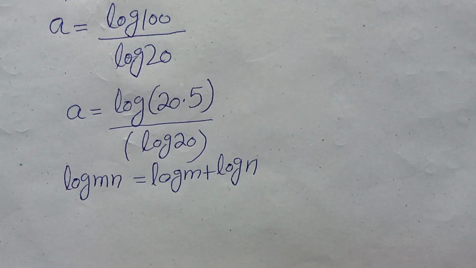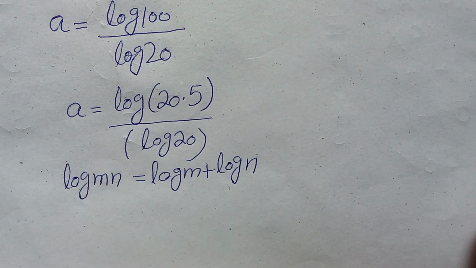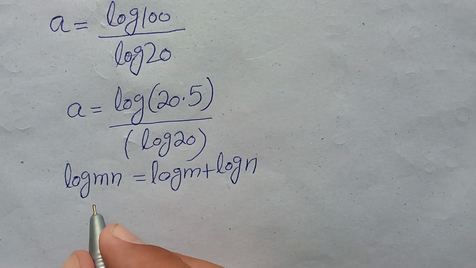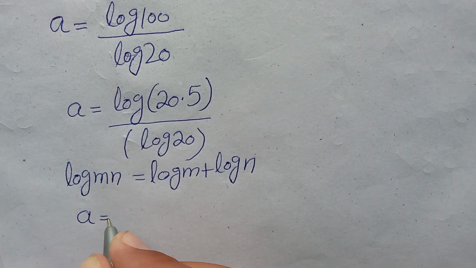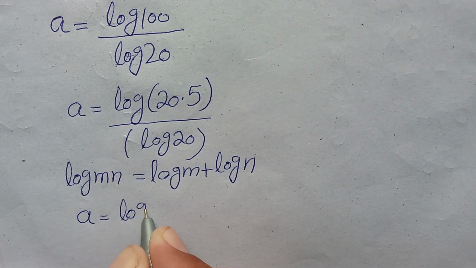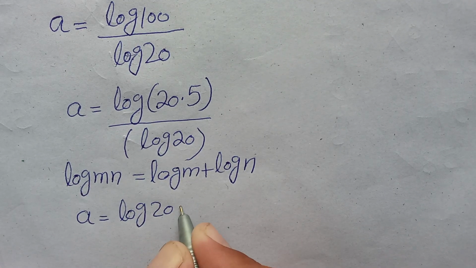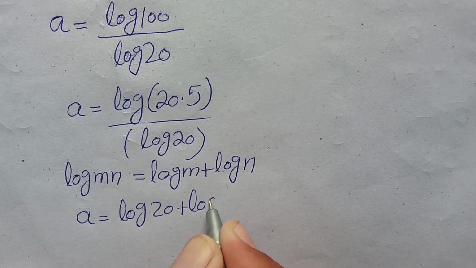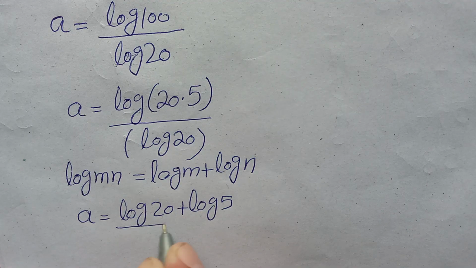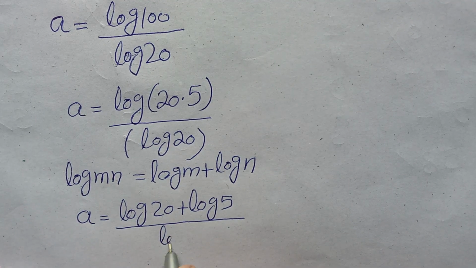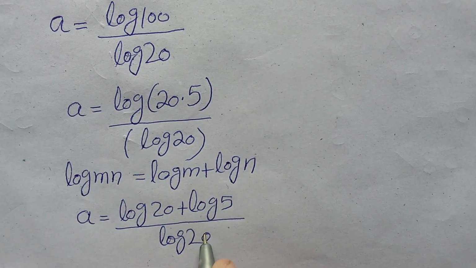Now we apply this rule on the above equation. It becomes a is equal to log 20 plus log 5 divided by log 20.